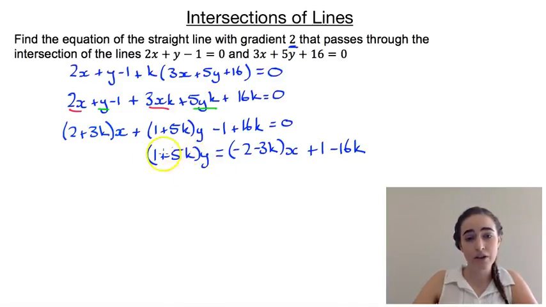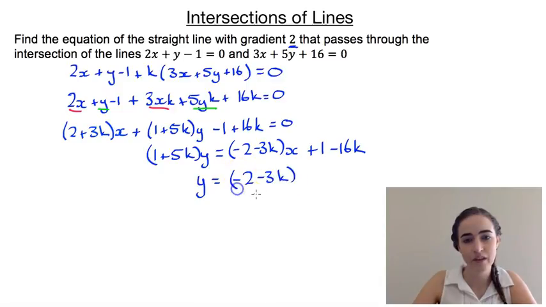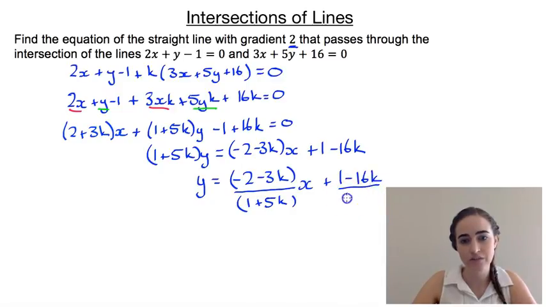Now we've got to divide by the coefficient of y, which is that whole bracket there, so that's our 1 plus 5k. So y is equal to minus 2 minus 3k over 1 plus 5k, x, plus 1 minus 16k over 1 plus 5k.